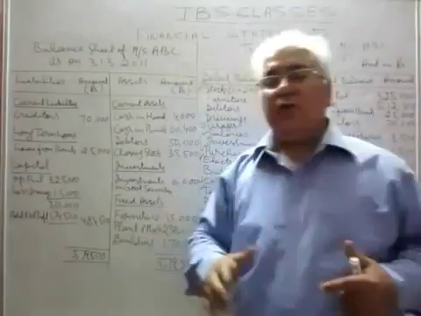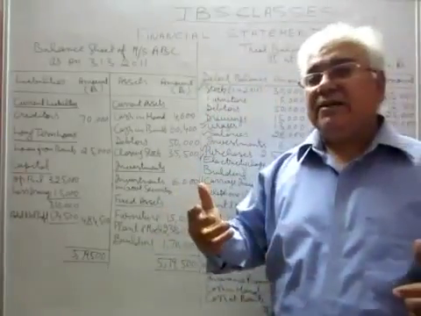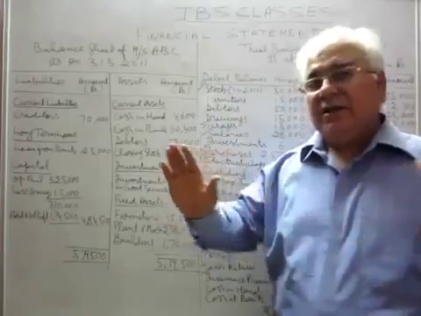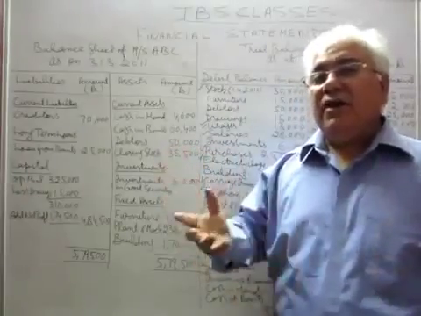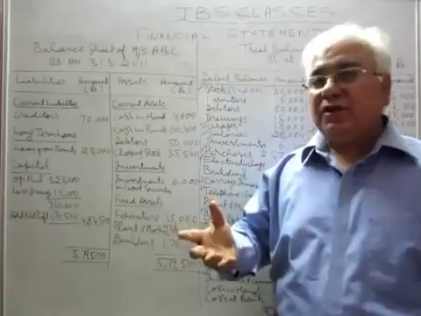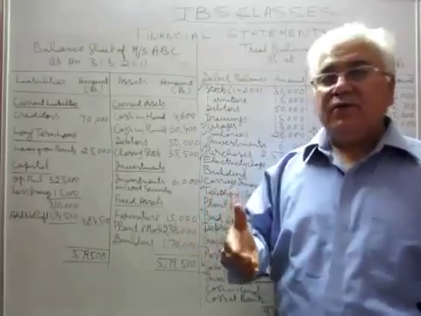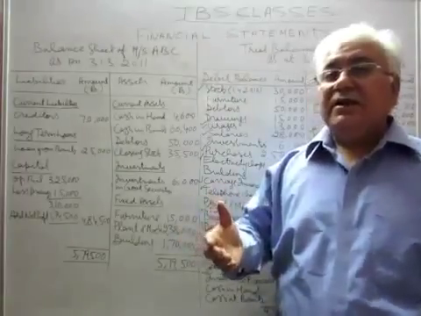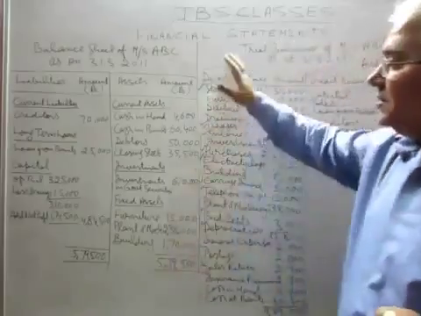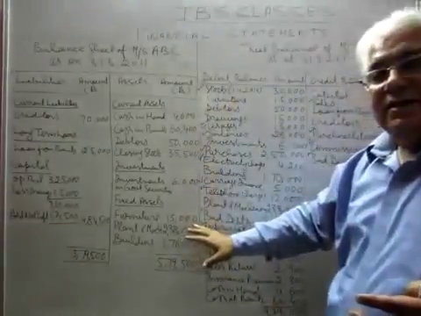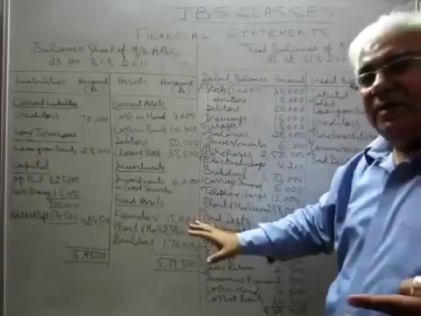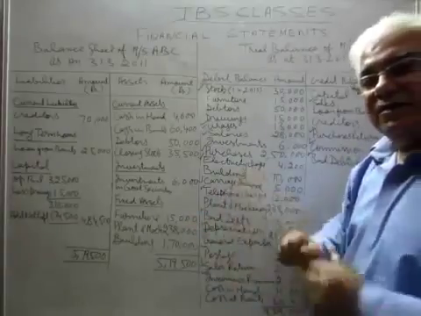And now let me tell you about the opening entries for the next year. Now this year is closed. When you have to open the books for the new year, that is starting from 1/4/2011, all the items appearing in the balance sheet are the ones which will be opened in the ledger first.